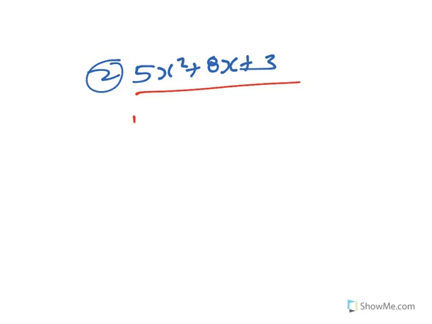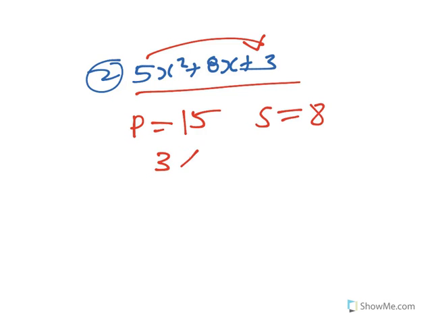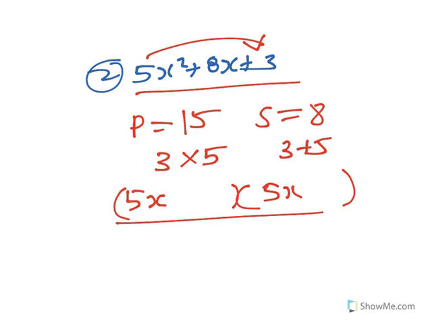Okay, now factorising this one. The product is 5 times 3, which is 15, and the sum is 8. So two things that multiply to give 15 but add to give 8 are 3 and 5. So then you go 5x, 5x, and because you put in an extra factor of 5, you divide by 5.